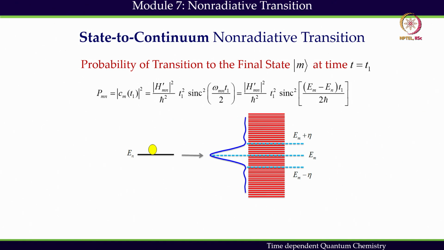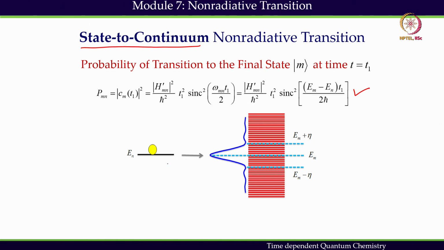We will now move forward to the state to continuum non-radiative transition. In the state to continuum non-radiative transition, our starting point again is the population in the mth state, which is defined by this cardinal sine function square. This is a very sharp function, and the concept has been depicted here.